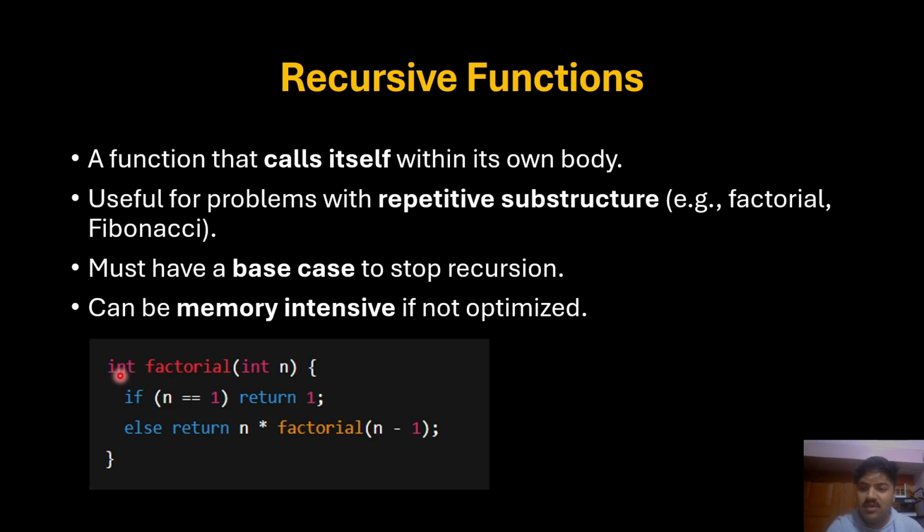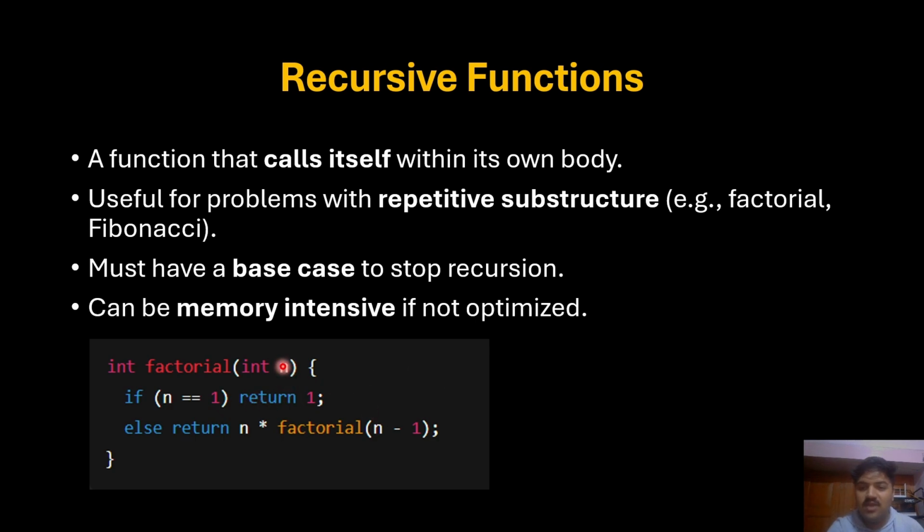So this is an example of factorial of a number. We can see int factorial, int n. This is the declaration, then we are writing the definition. If n equals 1, return 1, else return n multiplied by factorial of n minus 1. So this will run until this condition becomes true.